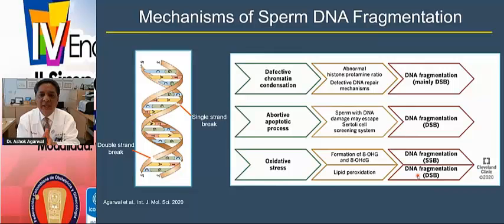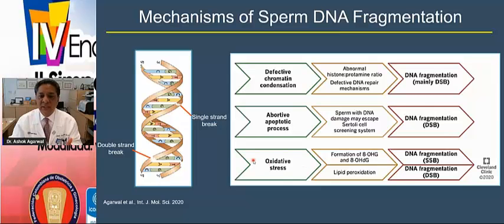The mechanism of sperm DNA fragmentation includes the following items, such as defective chromatin condensation, which is because of abnormal histone and protamine ratio, and a defective DNA repair mechanism, and that causes double strand break. Both strands of the DNA are damaged. Then there is the abortive apoptotic process, where the sperm with DNA damage may escape the Sertoli cell screening system, so they are not discarded, and these sperm also have double strand break.